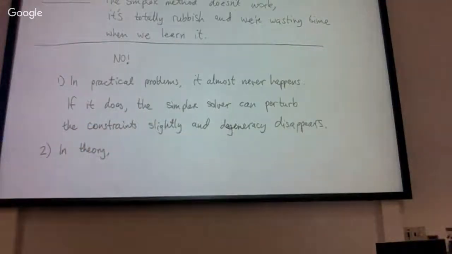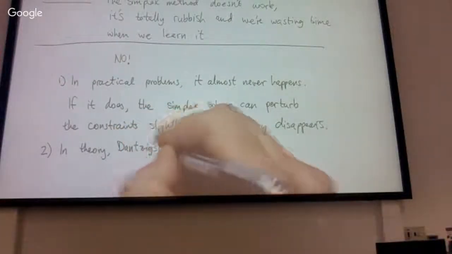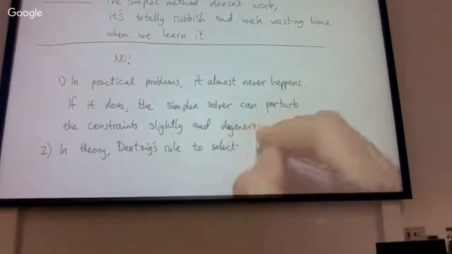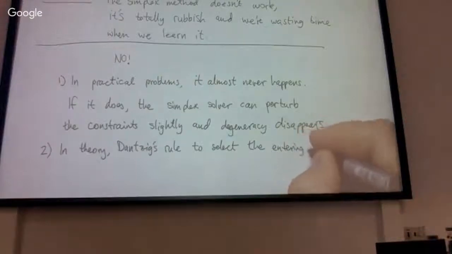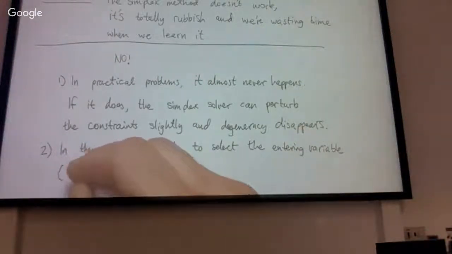I told you there was a name for the rule of selecting the most negative element. You remember that? It was called Dantzig's rule, to select the entering variable. That's the most negative rule.